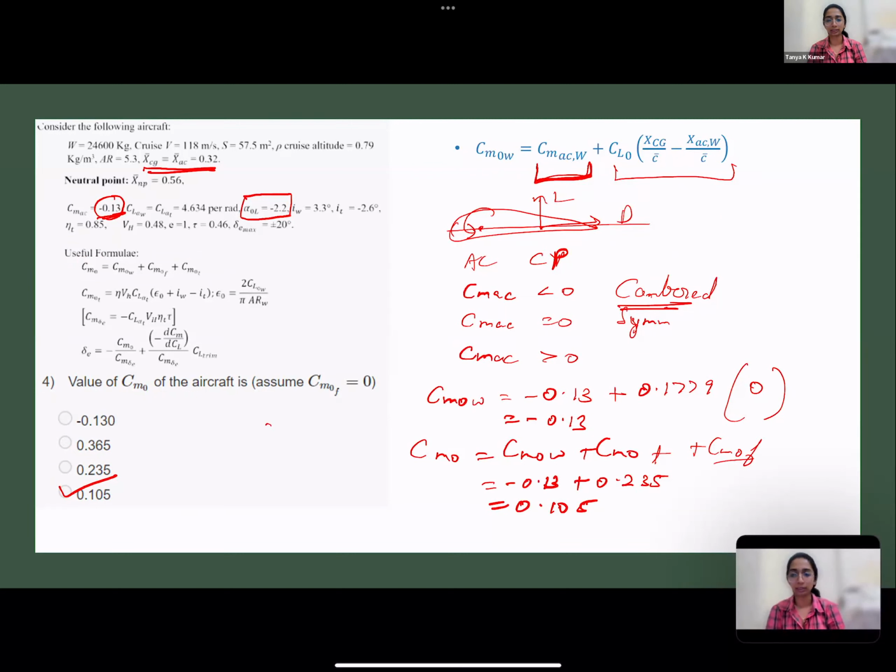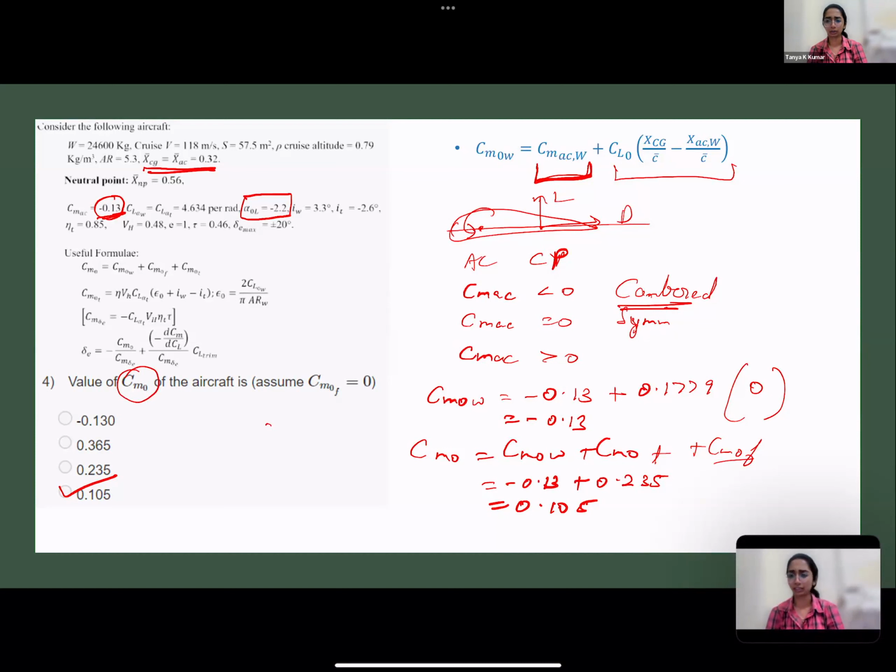What does it mean? What is the physical significance? Do we want it to be positive? Do we want it to be negative for a typical aircraft? The CM0 value, do we want it to be positive, negative, or 0? What do we need it to be? For a typical aircraft, what do we need CM0 to be?